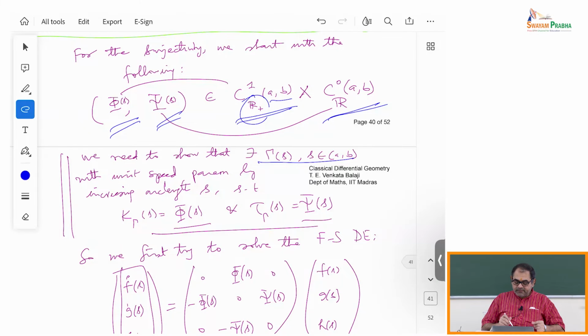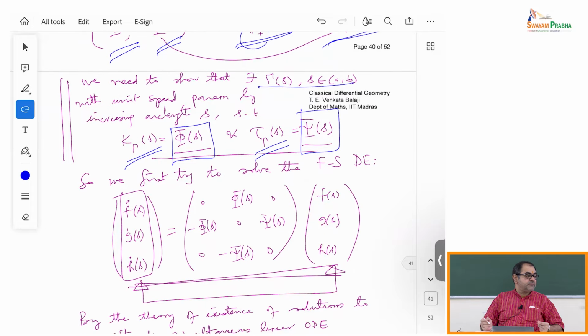And the point is that you have to find a unit speed parameterized curve for which this capital phi is the curvature and this capital psi is the torsion. You have to find such a curve. Now you see, if such a curve exists, then the Frenet-Serret frame of the curve will satisfy the Frenet-Serret differential equation.